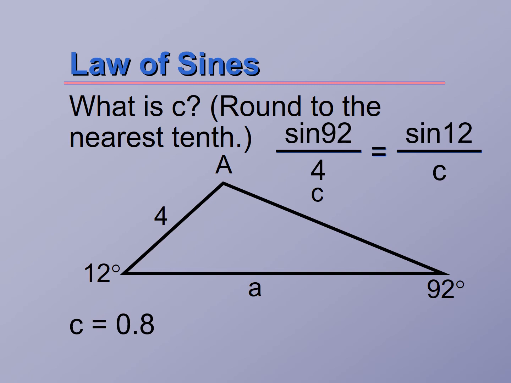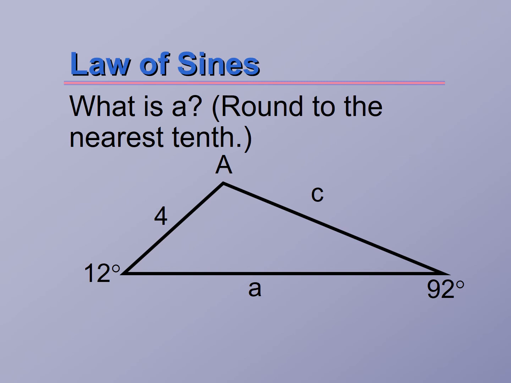And to solve for side C, we're going to use sine 12 over C. Then we cross multiply. So we'll get 4 sine 12 is equal to C sine 92, which means that C is equal to 4 sine 12 divided by sine 92, which, if we're using degree mode in our calculator, gives us 0.8 after rounding to the nearest tenth.